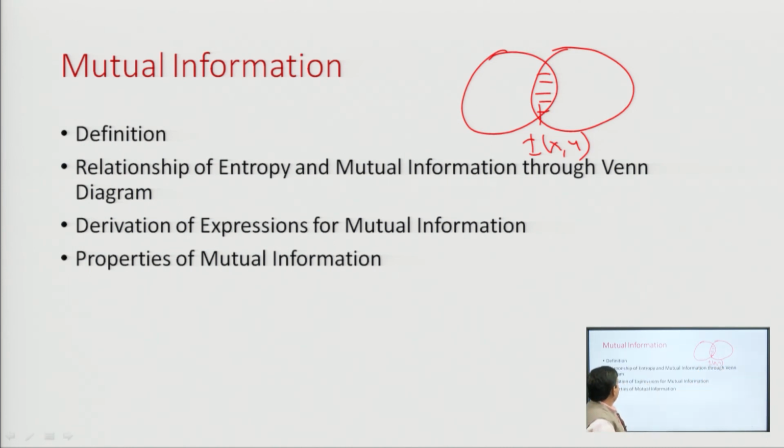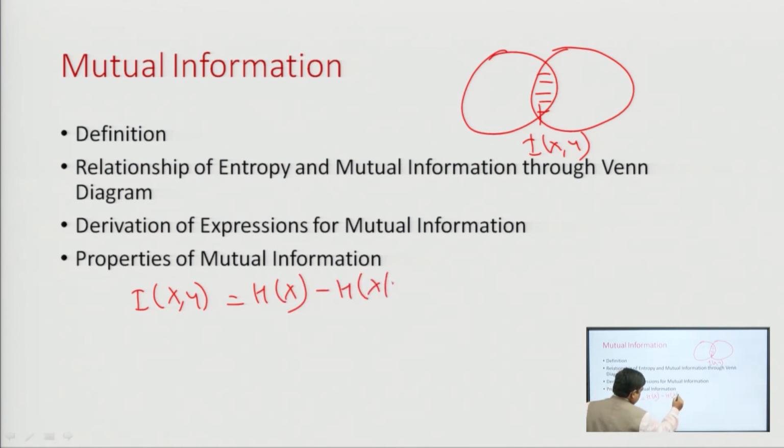And its relationship we have already seen. Derivation of the expression of the mutual information: as we have discussed, I(x;y) is equal to H(x) minus H(x upon y). And from here we can derive the expression for the mutual information.